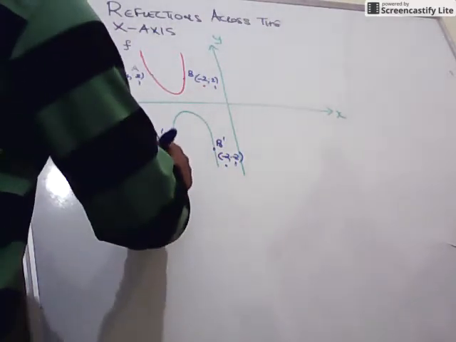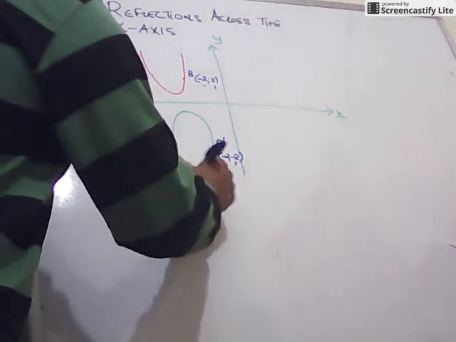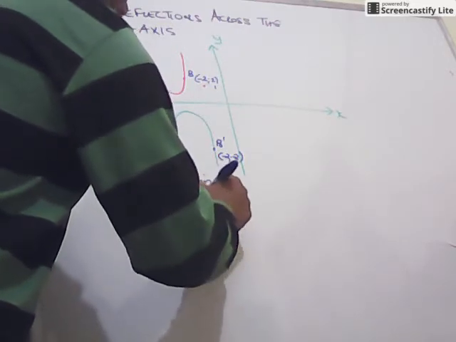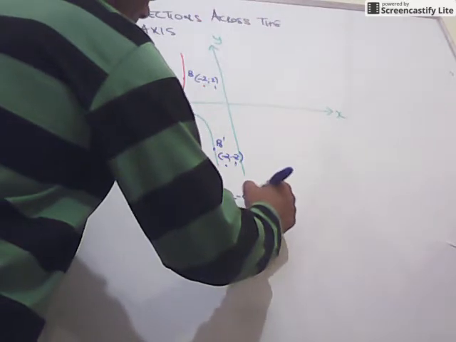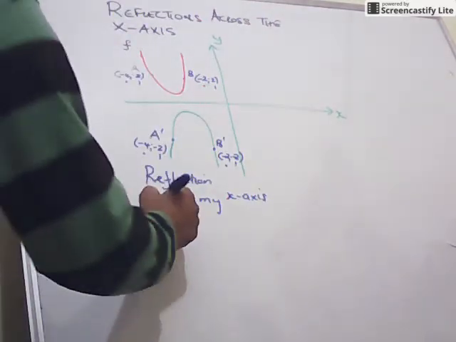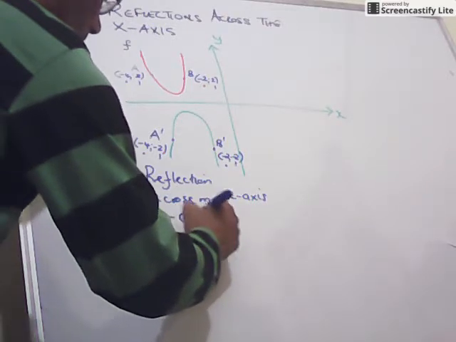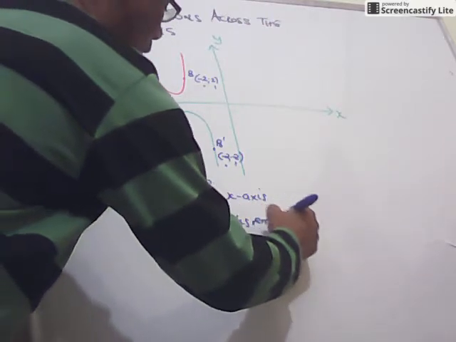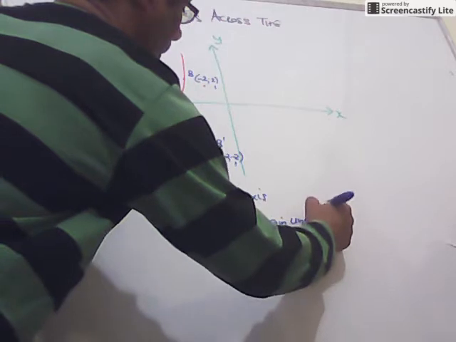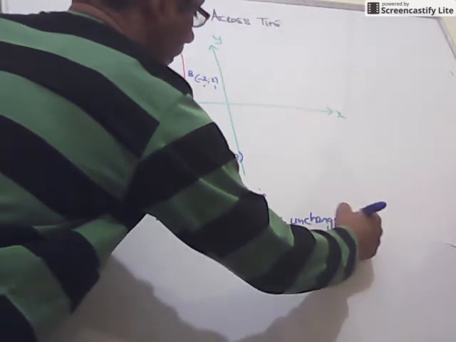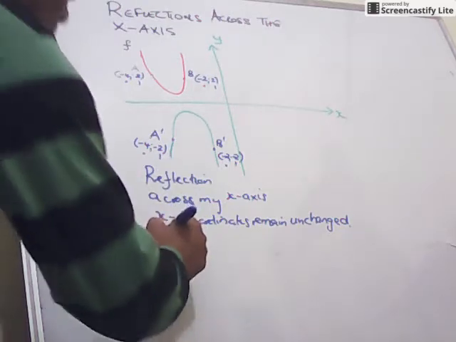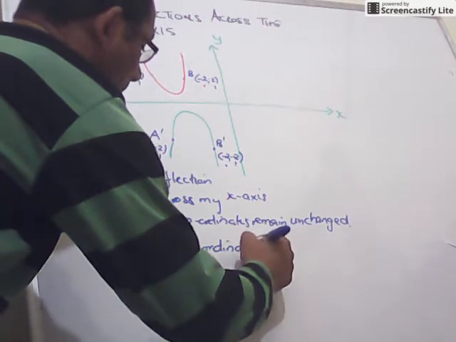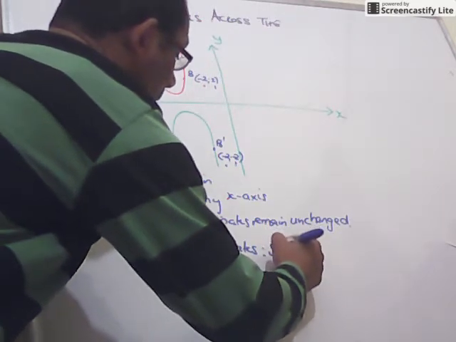Remember, reflection across my x-axis: my x-coordinates remain unchanged and my y-coordinates have a sign change.